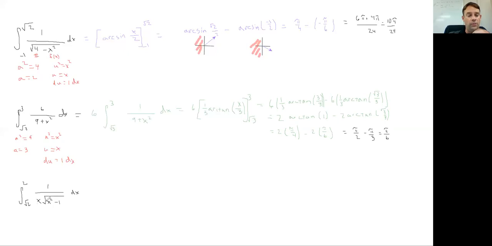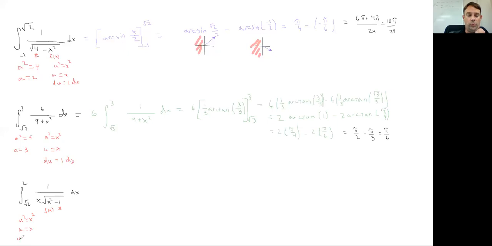All right. Well, I have an x out front. That does not mean this is arcsecant. This is arcsecant because I have a function minus a number. So in this case, u squared is x squared. U equals x.